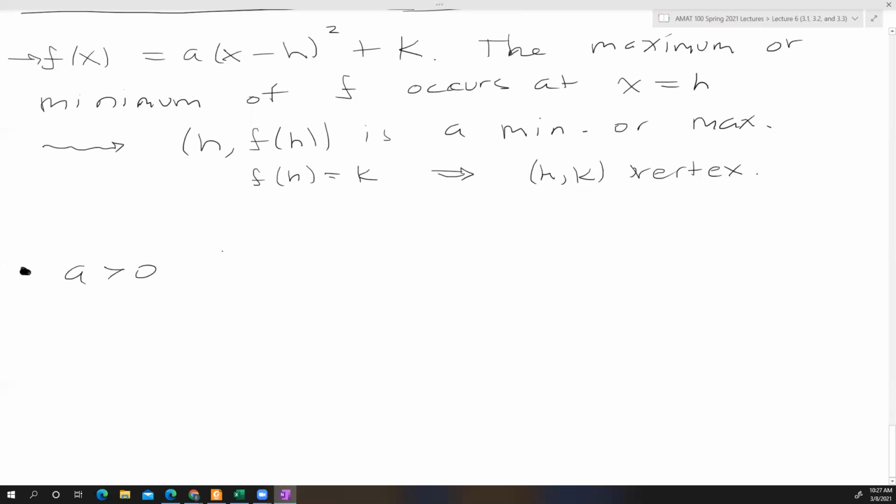If a is positive, then f of h, which is equal to k, is a minimum value.